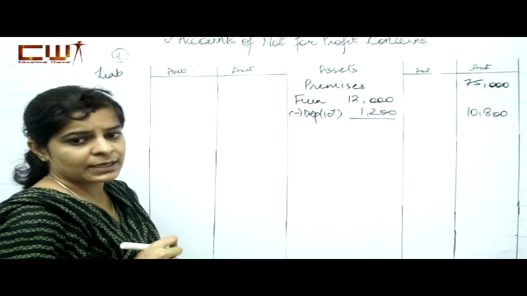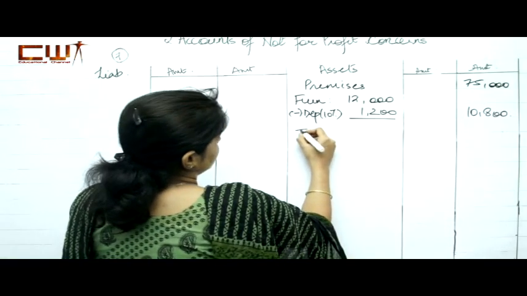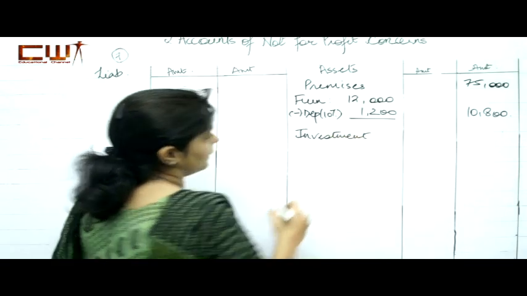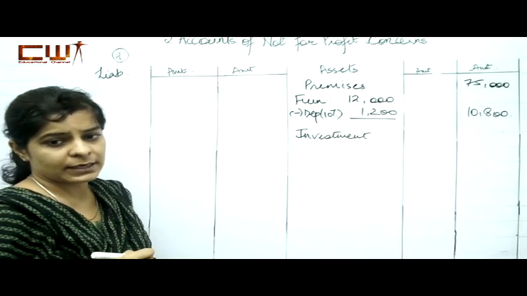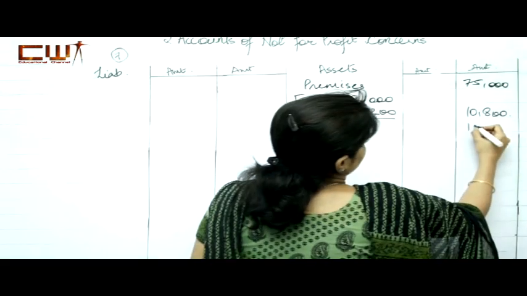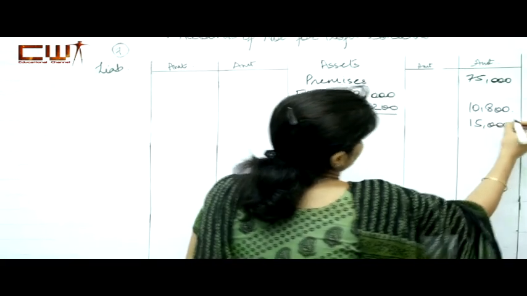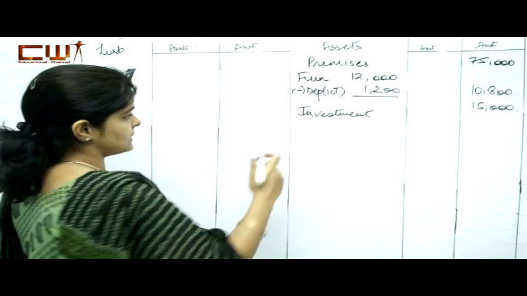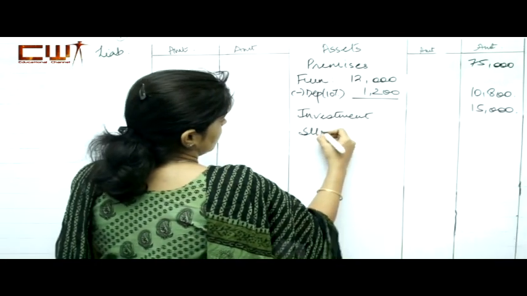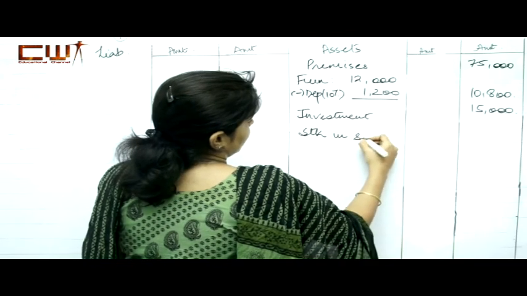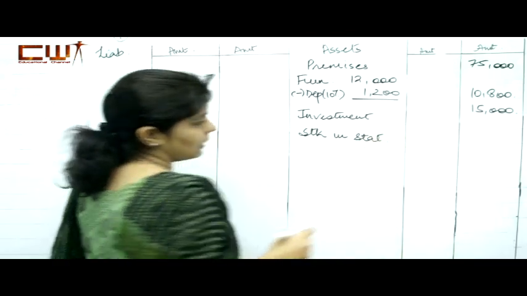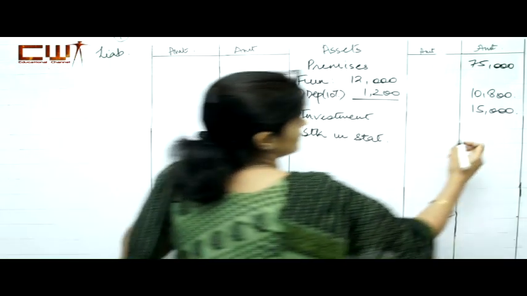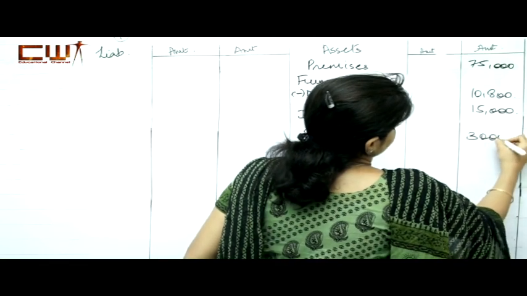Next they have given investment in 8% securities. So investment is 15,000. Next is stock of stationery, that is the closing stock. No purchases, nothing will be added, only the closing stock will be taken, that is 3,000.